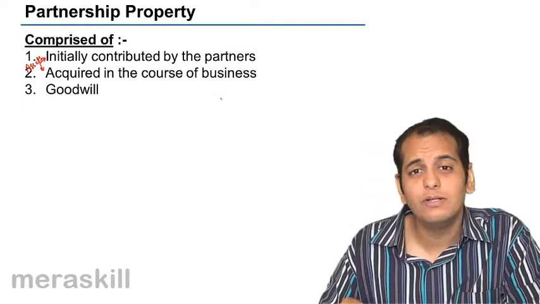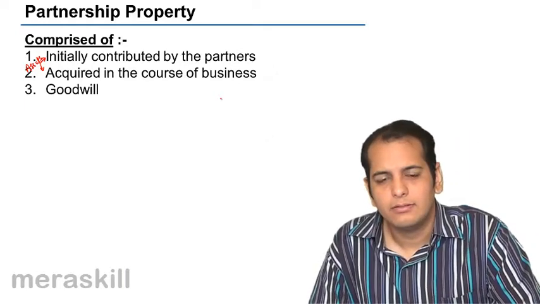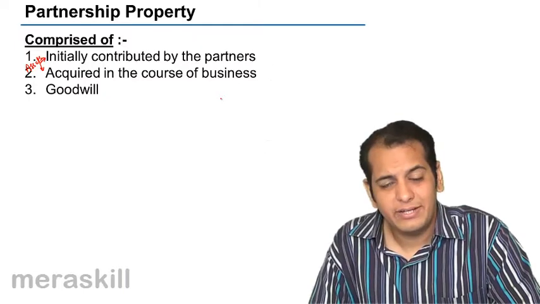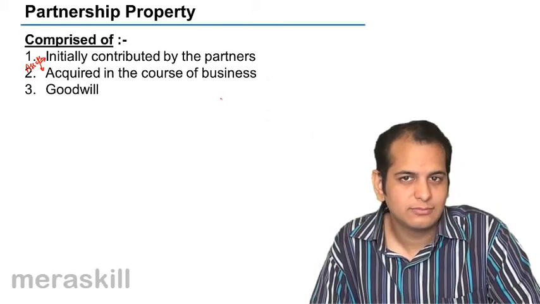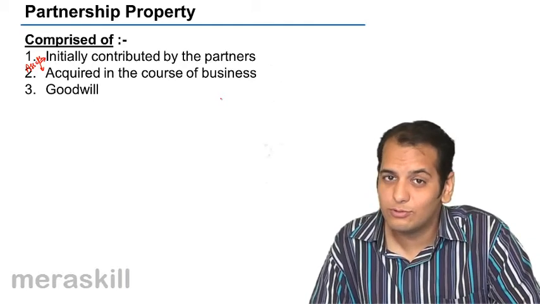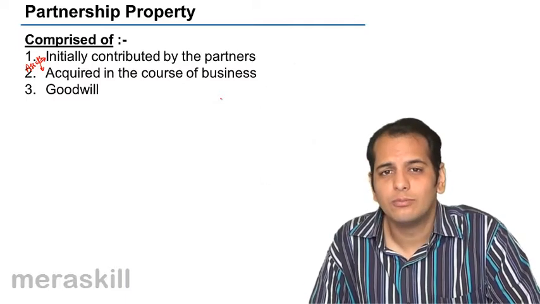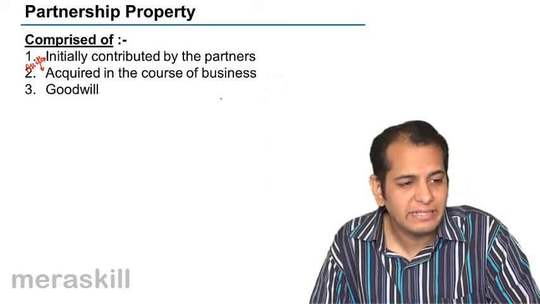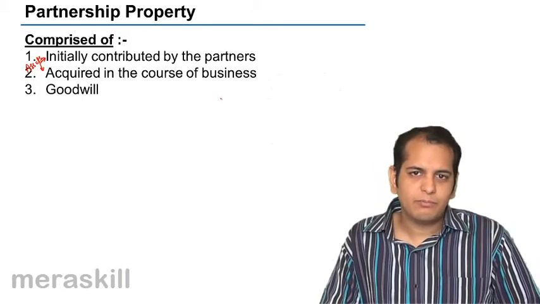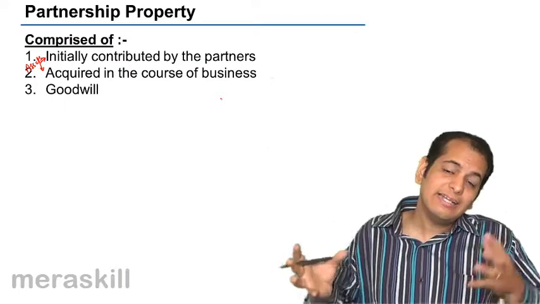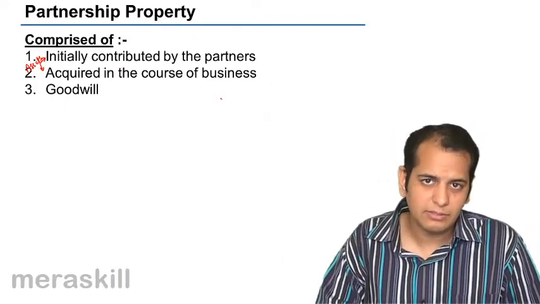Third, goodwill also is the firm's property. Though goodwill is intangible, yet it is the firm's property because goodwill can be sold. While selling the business, goodwill can also be sold. So goodwill is also the firm's property. It is not the property of any one partner. So there are three components of partnership property. First, the assets that are initially, while starting the firm, brought in by the partners.